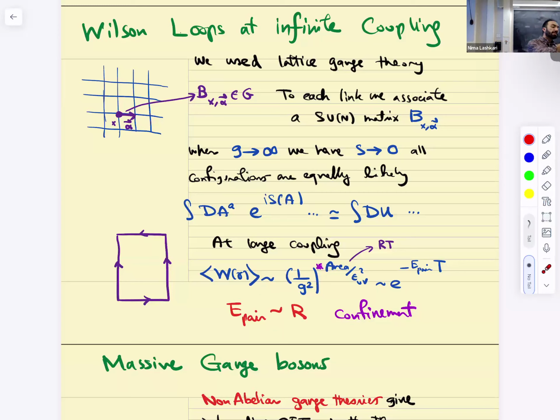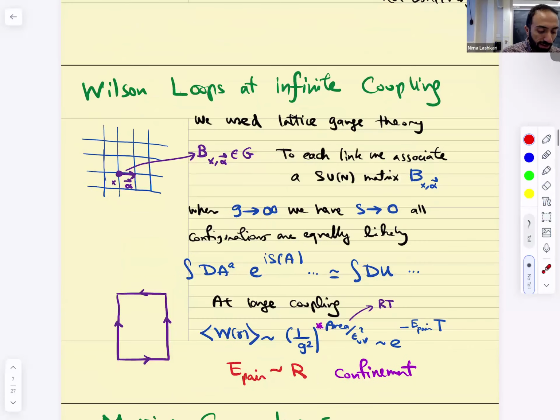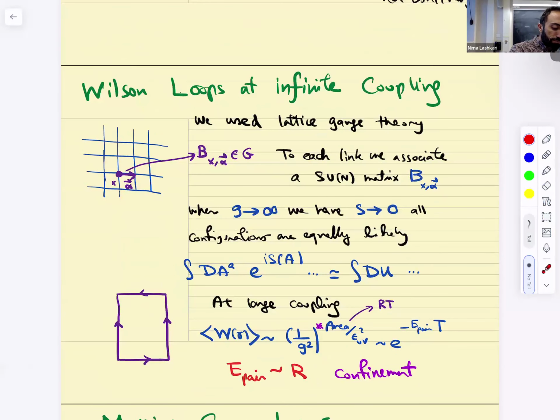This is precisely the statement that if you want to separate them by an infinite amount, you will need infinite energy. But of course, at some point, it becomes energetically favorable to pair create quark antiquarks. Short answer. Good. So this was our explanation of confinement. Crude. It's hard to do better.